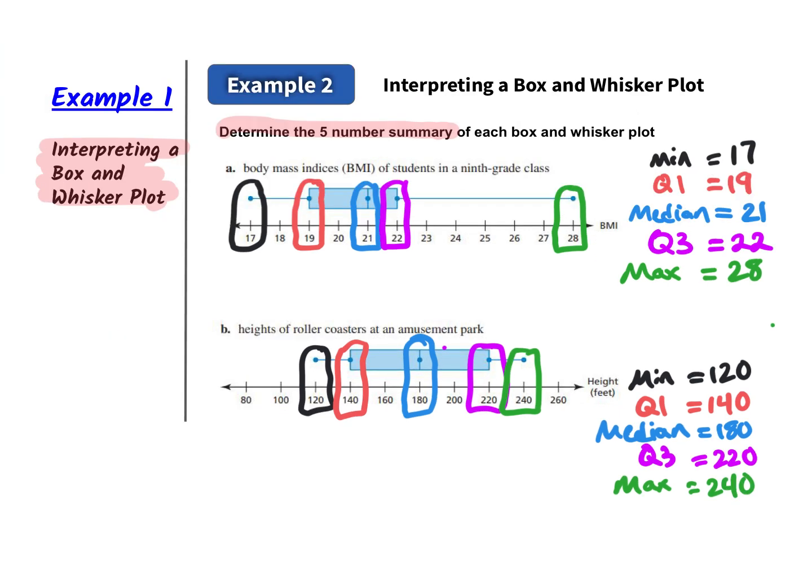I definitely want to acknowledge here, you don't have to write any of this down, but listen carefully. 25% of the data lies within the first whisker. Another 25% of the data lies within the second quartile, excuse me. Another 25% lies within the third quartile, and then 25% lies within each whisker.